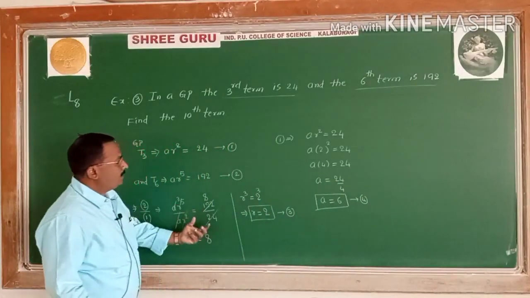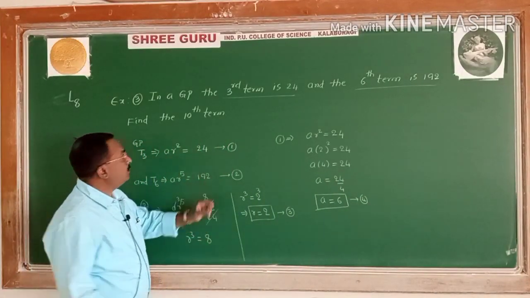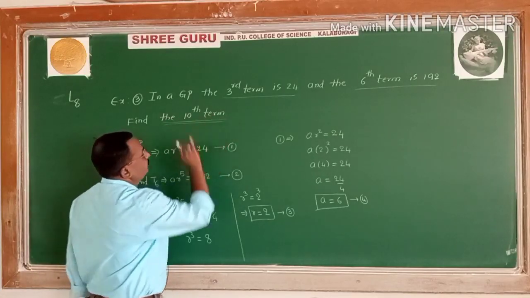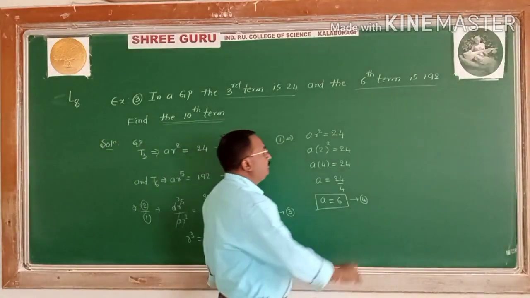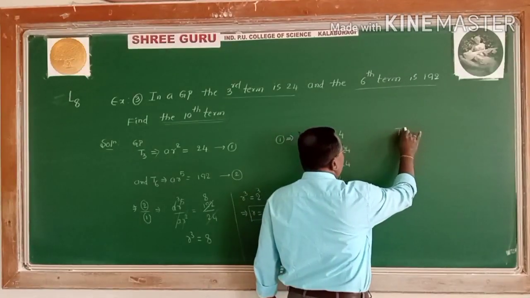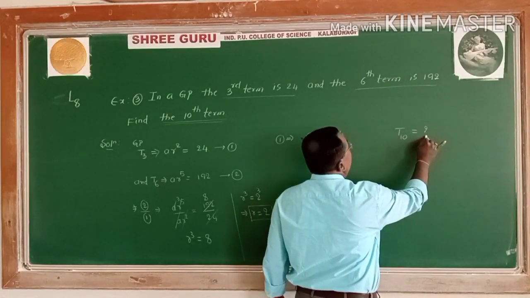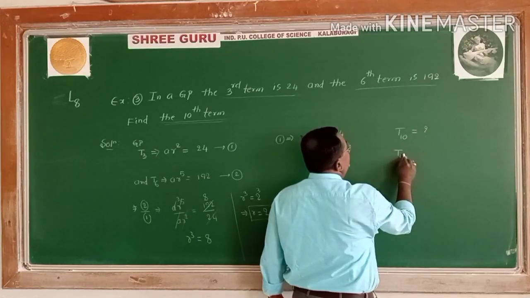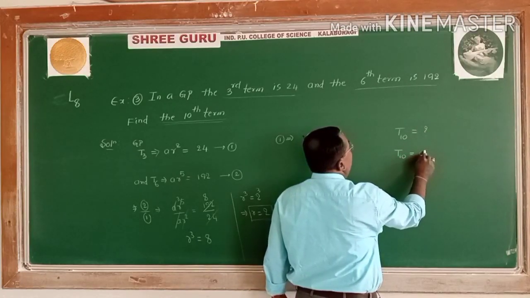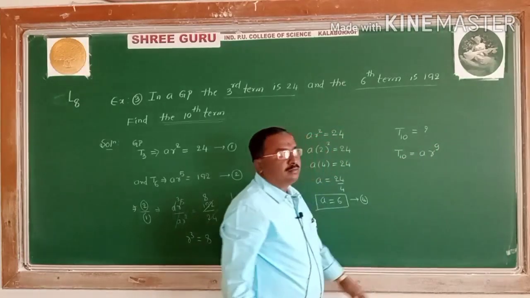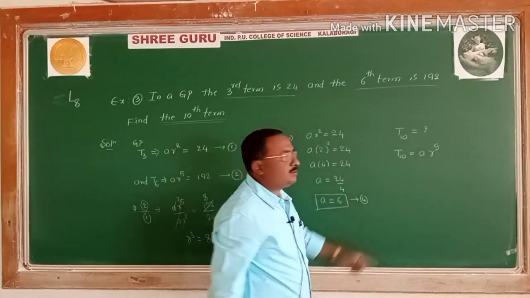Here A is there, R is there. Next, to find the 10th term, T10 is equal to what? T10 is equal to A into R to the power 10 minus 1, which is 9. Substitute A value, substitute R value.